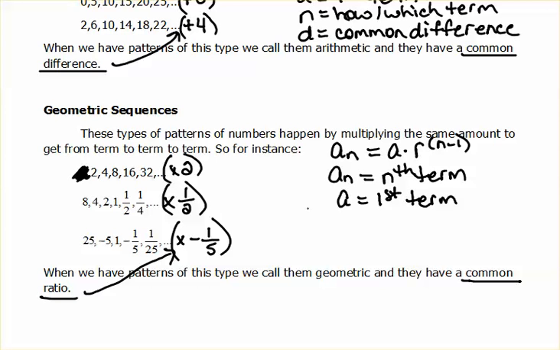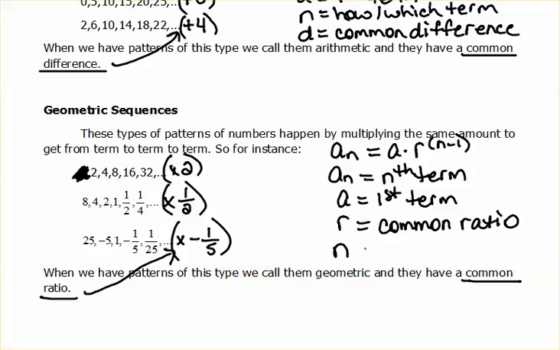So in this second example here, A would be 8. And then we have R, which is our common ratio. So that's what we're multiplying by to get from term to term to term. In this case, it would be 1/2.